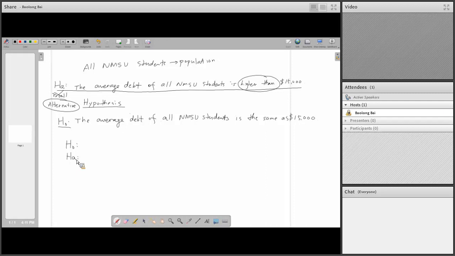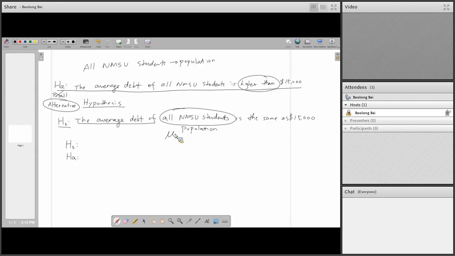So then we know this is our population. All MSU students is our population. Then the average debt of all MSU students, basically this will become a feature that we'll learn about, right? Average of the population. We can use one symbol to indicate the whole phrase, right? Mean, population mean.